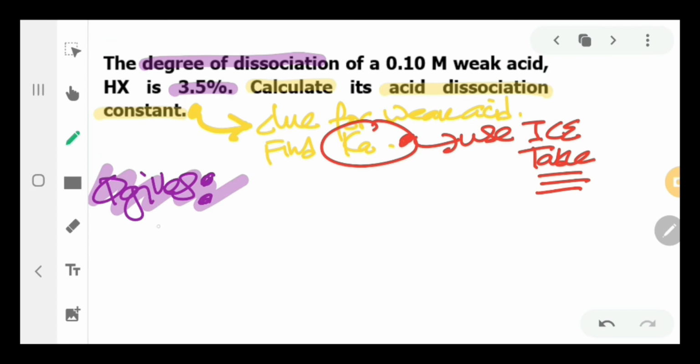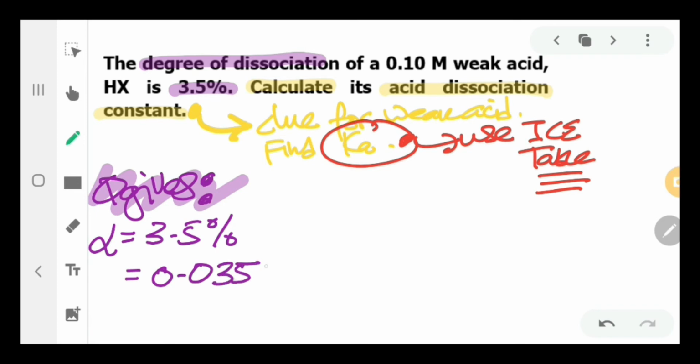It gives you the molarity of the acid, but the most important thing over here is the degree of dissociation. Or you can change that into 0.035.